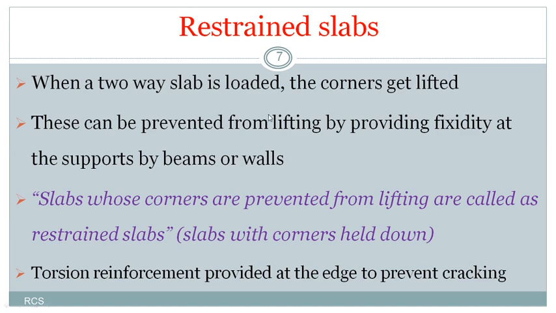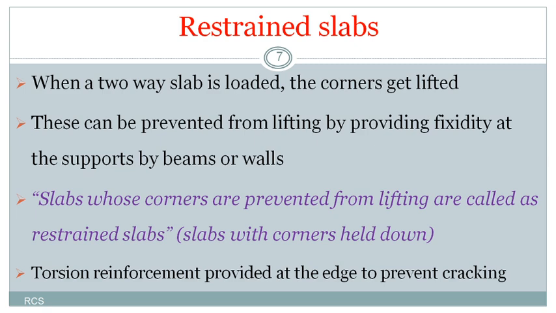So when a two-way slab is loaded, generally the corners of the slab are lifted up, right? This lifting of the slab is prevented by providing some fixity at the support by means of beams or walls.